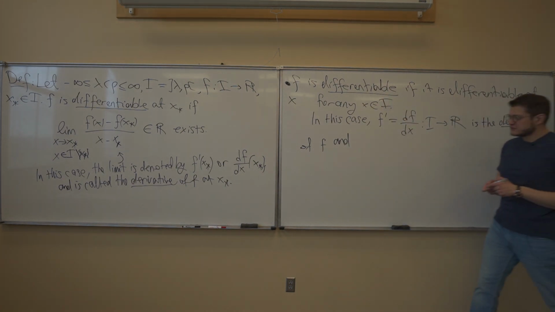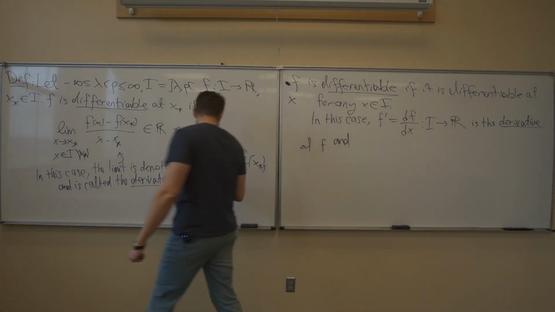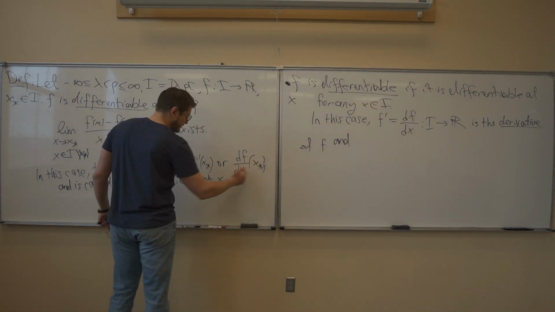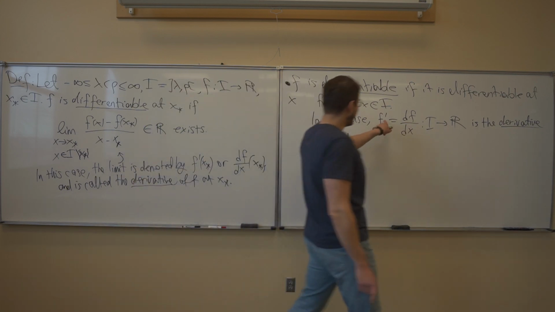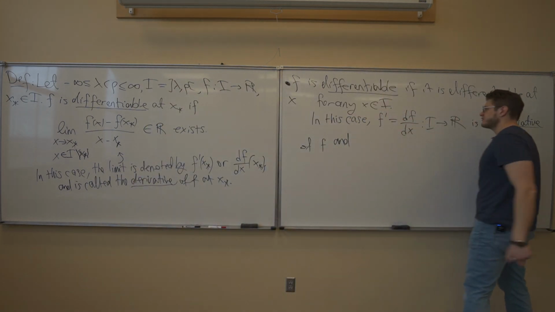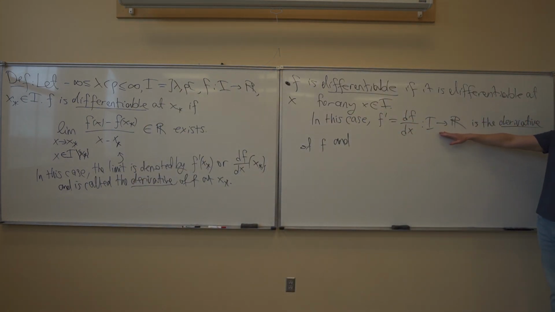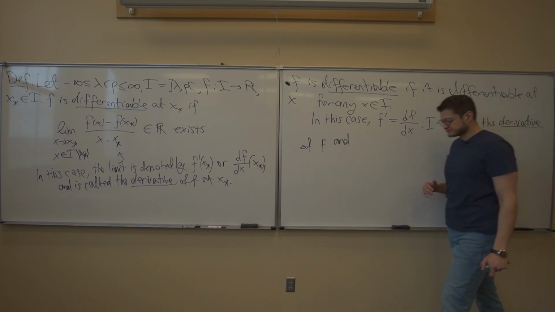And in this case, I can vary this input value in the derivative expression. That would give me f prime, or df by dx, which I can think of as a function in and of itself from the interval to the reals. And this is again called the derivative of f. It's a function.